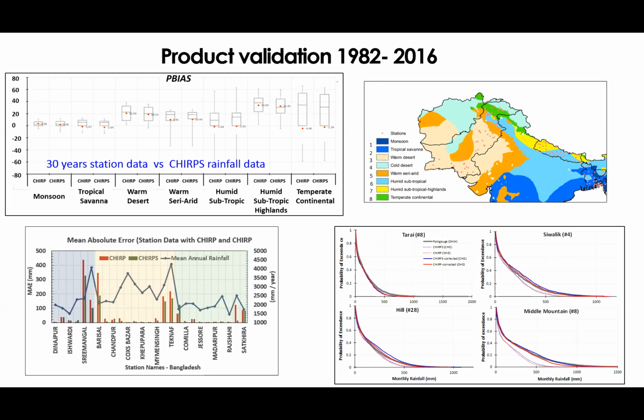We found this particular precipitation data suitable in our region, and we found that it has higher accuracy in plains in comparison to mountain regions. Also, it has higher accuracy in high rainfall areas like Bangladesh in comparison to low rainfall areas like Afghanistan. There were 2-3 kinds of precipitation data sets available.